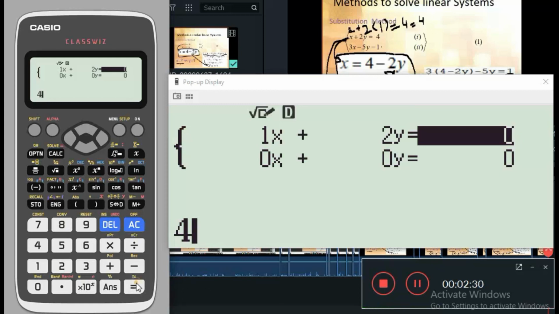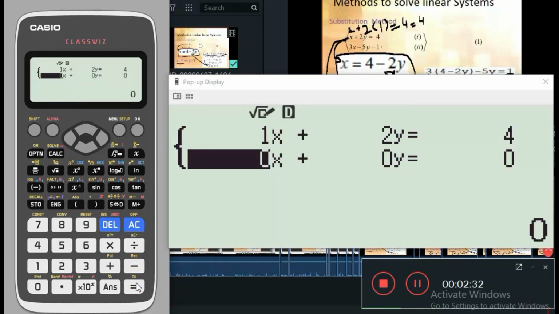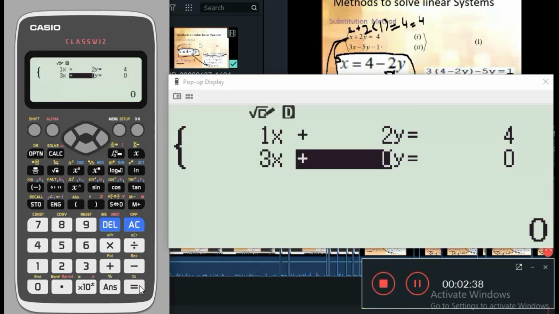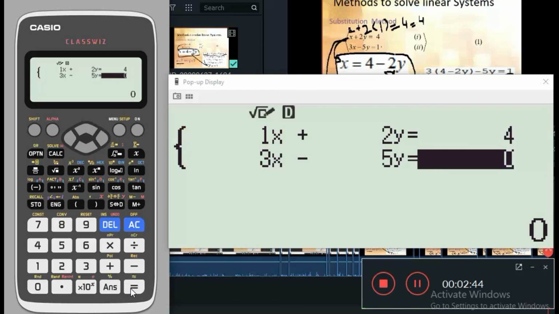The coefficient of x is 3, press 3 then equal. The coefficient of y is minus 5, press minus 5 then equal. And on the right hand side we have 1, so press 1, equal. This is our system. Now to get the solution of this system, just press equal.